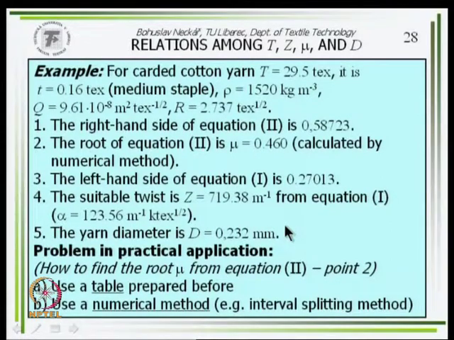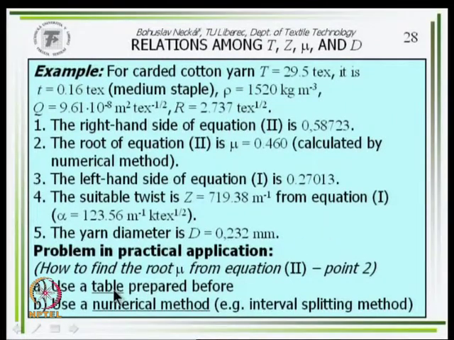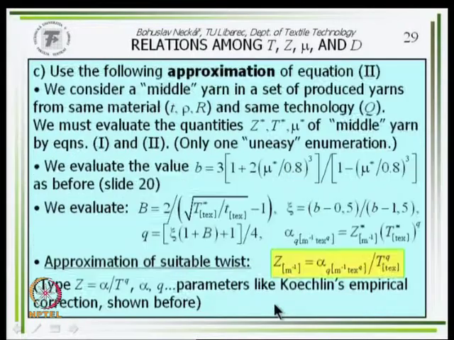The problem which you can have in practical application is in the evaluation in point 2. Find the packing density mu as a root of equation 2. Find the mu on the left-hand side because we validate the equivalency with the known right-hand side. You can use tables, you can use a numerical method, and you can also use approximation.